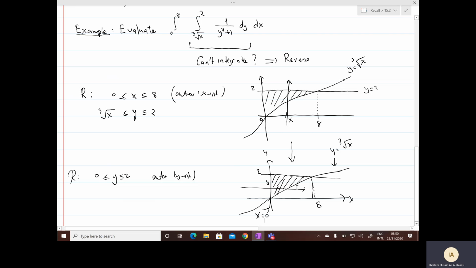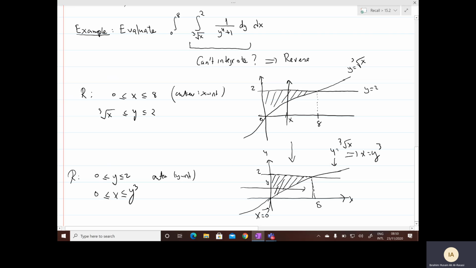What is the right curve? I have to solve for x. So this implies x equals y cubed. So x will go from 0 to y cubed. The left curve is x equal to 0, the right curve is x equals y cubed.